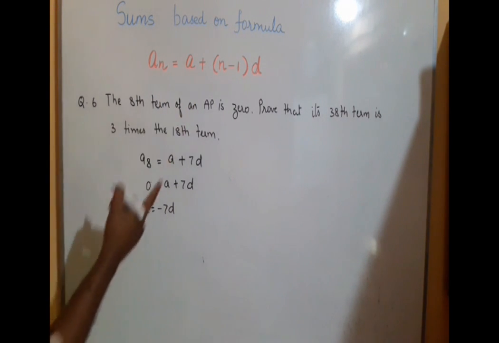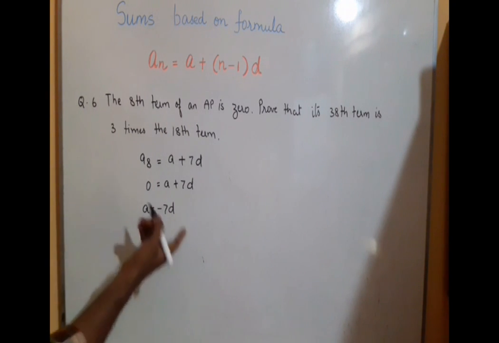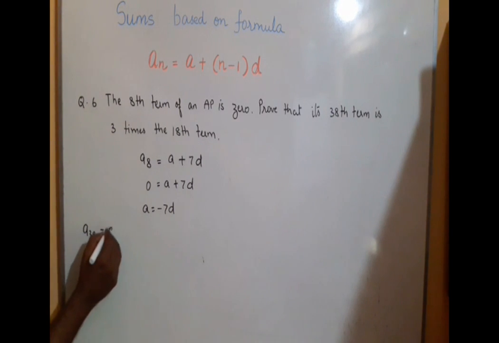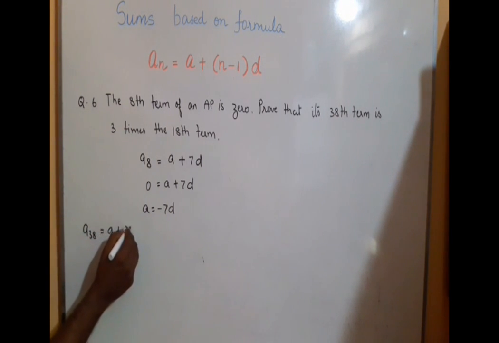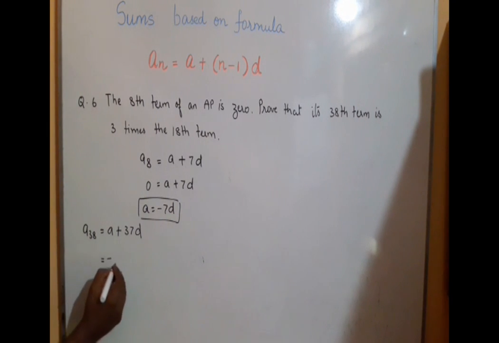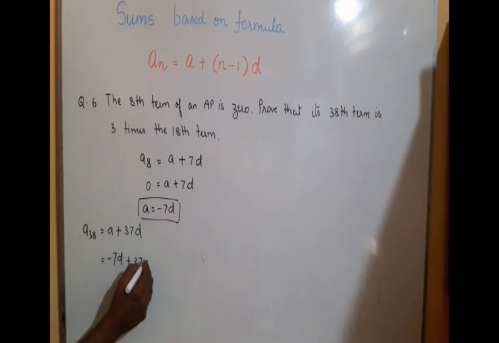So the first term will be minus 7D, whatever the D is. Now we move to the 38th term. The 38th term of this AP will be A plus 37D. But what did we find the value of A to be? Minus 7D. So I put down minus 7D plus 37D, which gives me 30D.